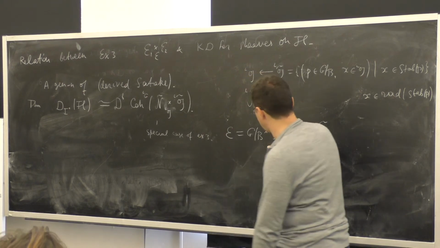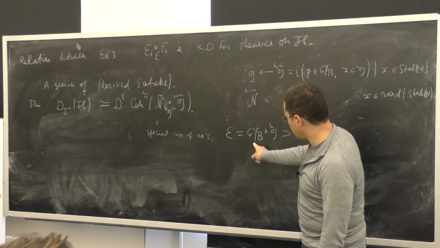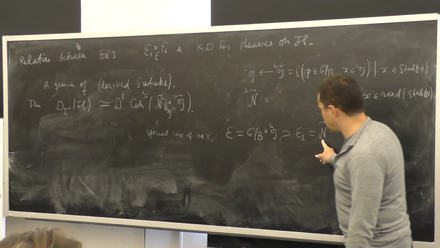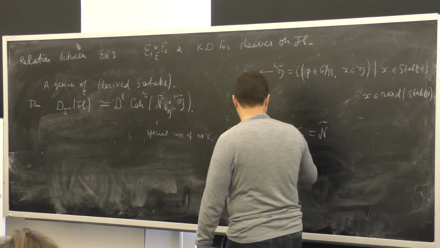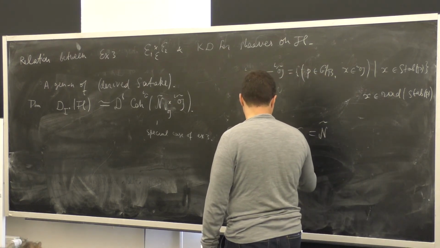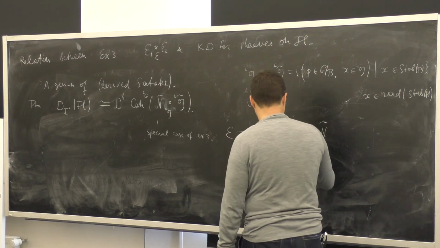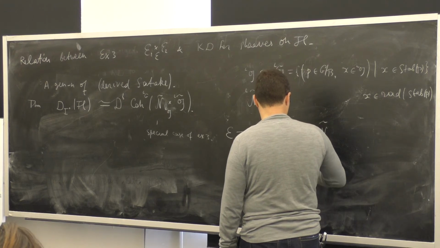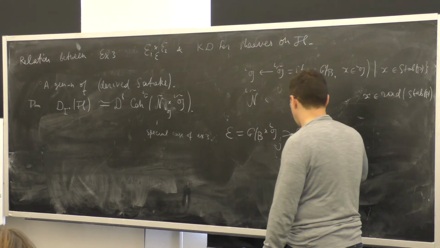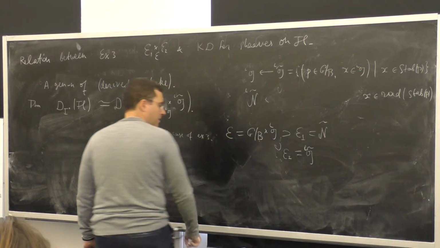So this is the condition. So you can think of the flag variety as parameterizing Borel subalgebras, and so here we have this condition that the element lies in the radical, and it also contains E2. So here we have another condition that the element lies in the Borel itself.